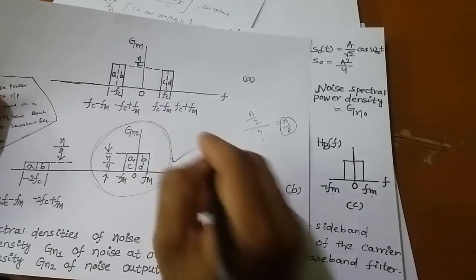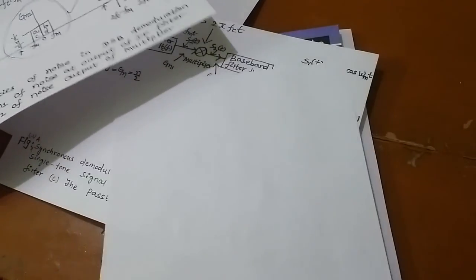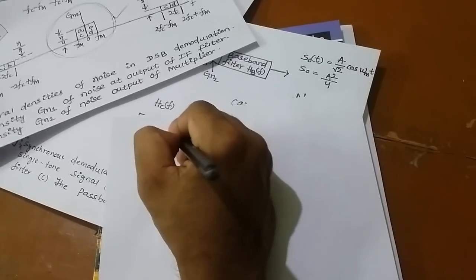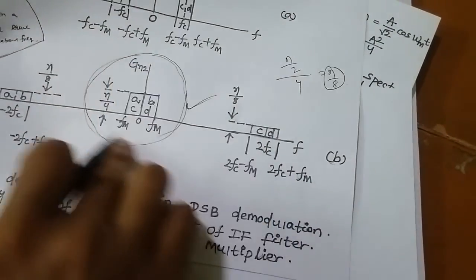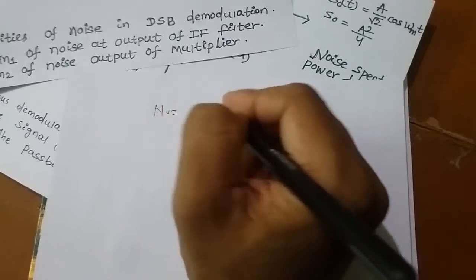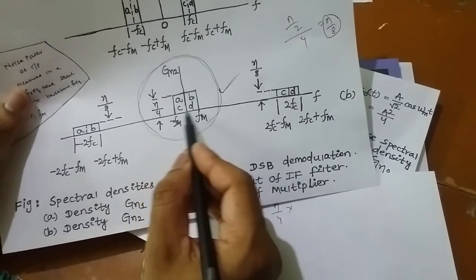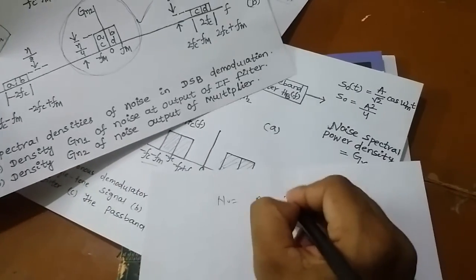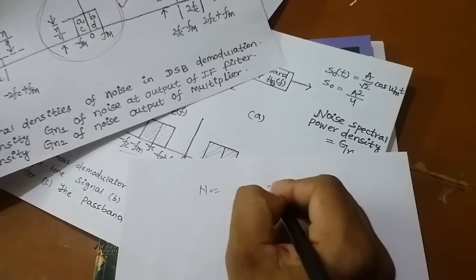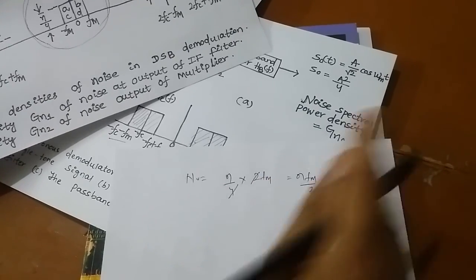So this portion is filtered out. Now we will calculate the noise power. The noise power is the area of this curve. The height is eta by 4, and the length is twice fm. If you cancel this 2, it is eta fm by 2.